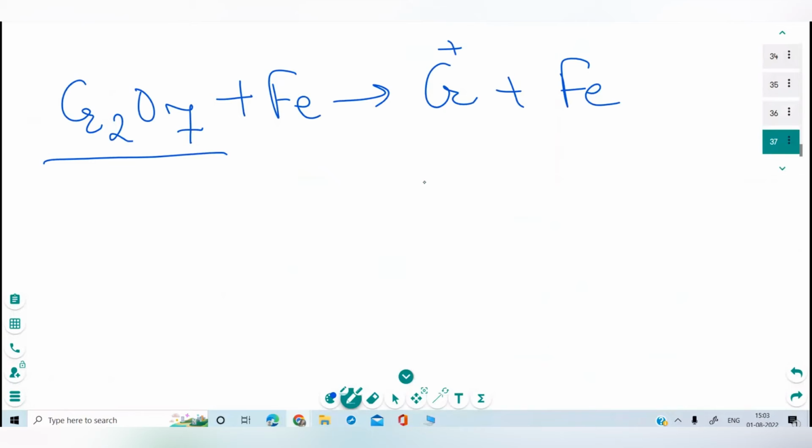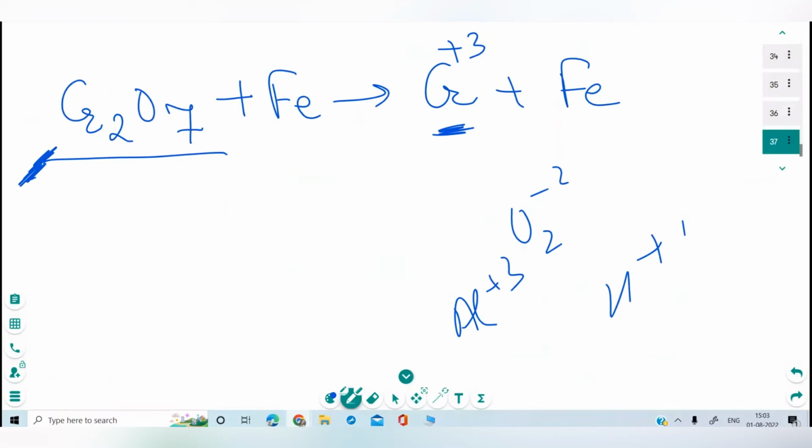So chromium, you know, comes +3. If you take only oxygen, it will be -2. Only hydrogen, +1. Only aluminium, +3. So single, you know. Okay, chromium exhibits +3 state. This you know. But you don't know what the state is in this formula. When it combines in this form, what is the oxidation state? You don't know.